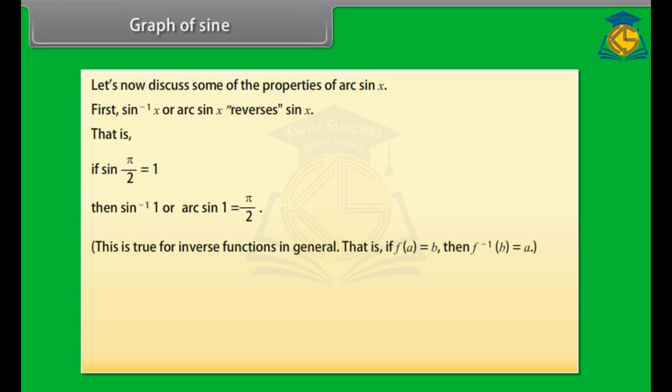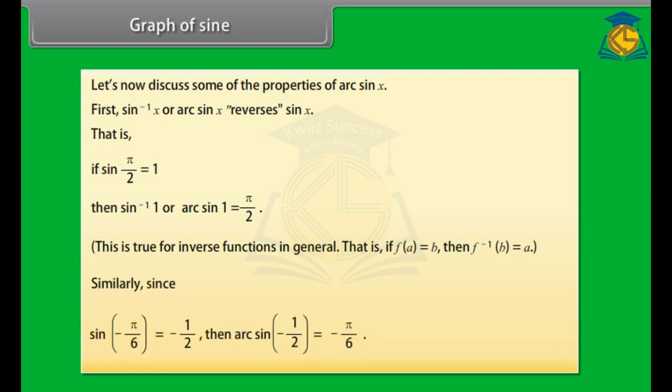This is true for inverse functions in general. That is, if f of a is equal to b, then f inverse of b is equal to a. Similarly, since sine minus pi by 6 is equal to minus 1 by 2, then arc sin of minus 1 by 2 is equal to minus pi by 6.